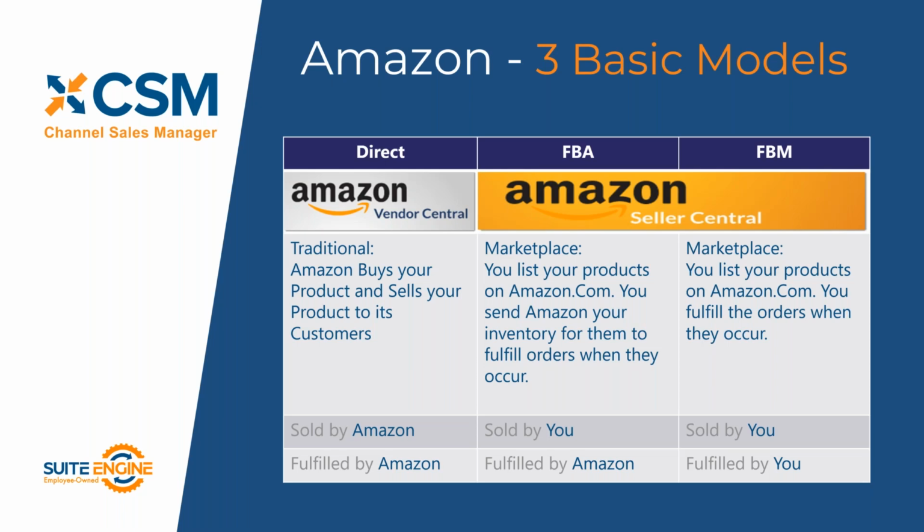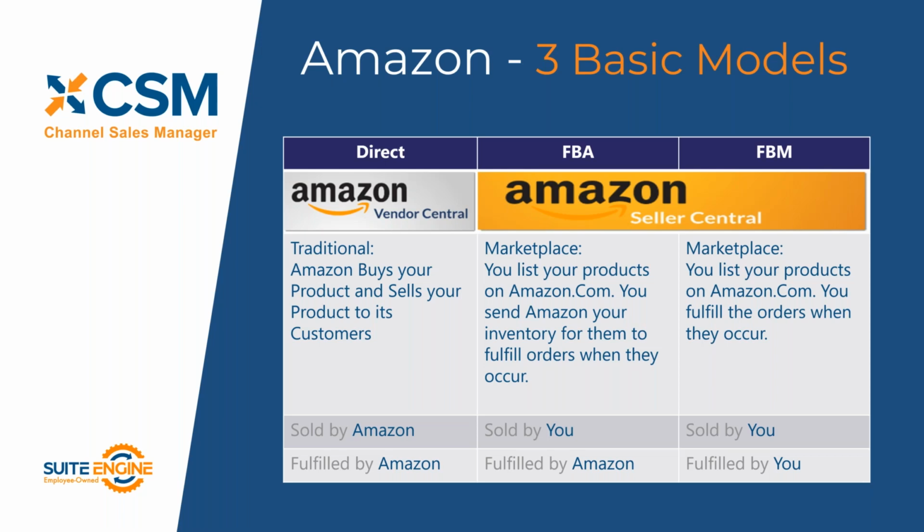FBA, you are sending your inventory to the Amazon warehouse. They are keeping it for you like a 3PL would. And then when somebody orders your product on Amazon, they are doing the fulfillment for you. So you can see sold by you and fulfilled by Amazon. When you're in the FBM mode, you are selling it.